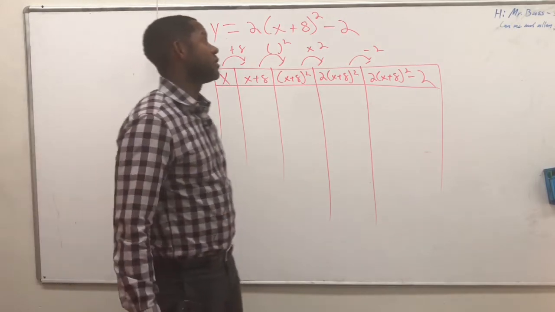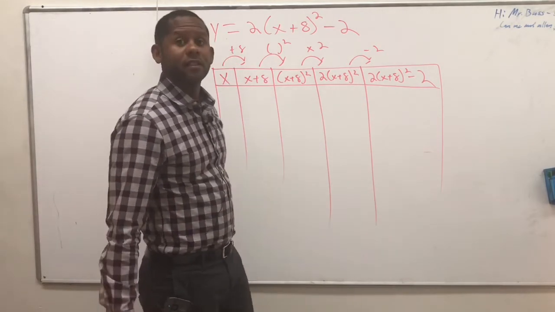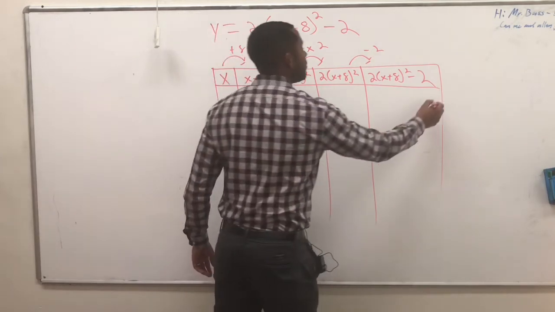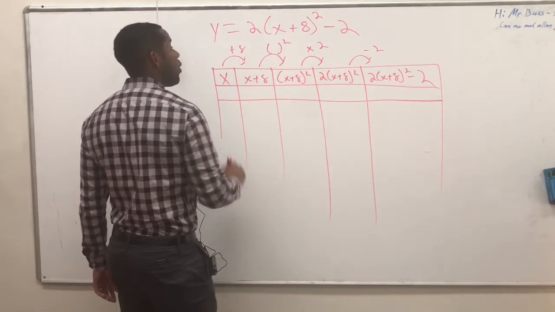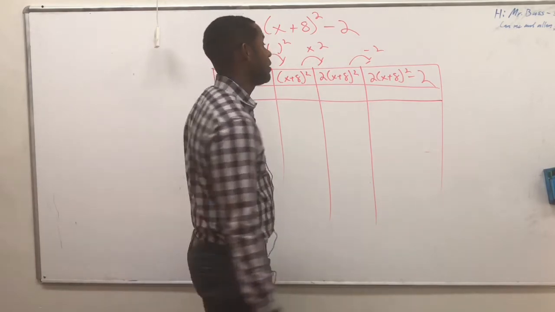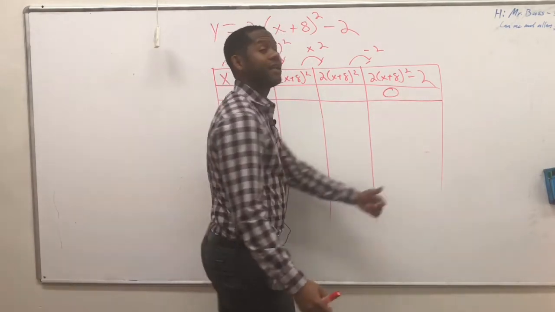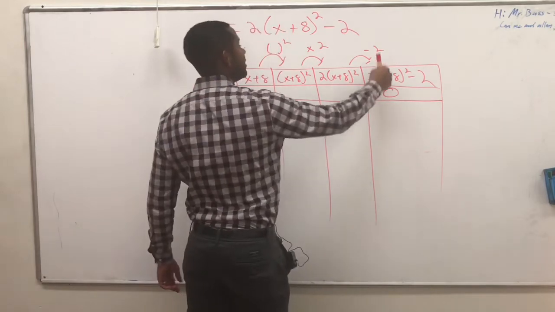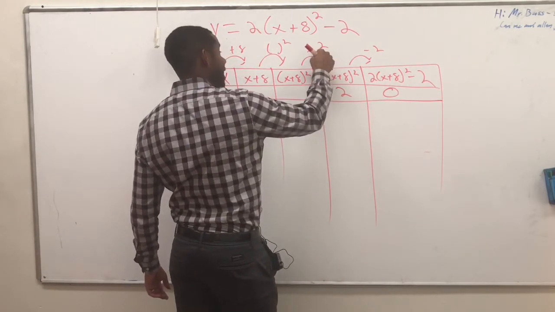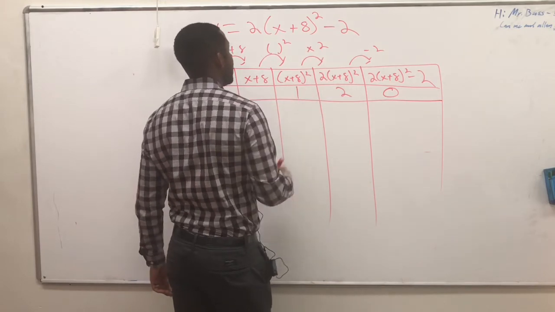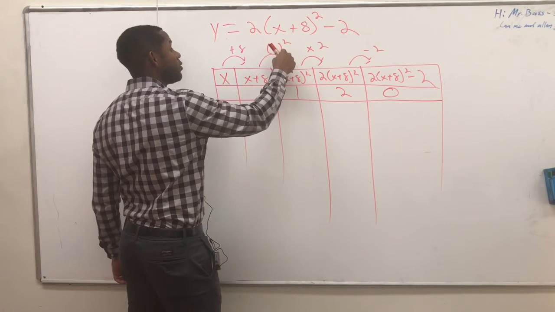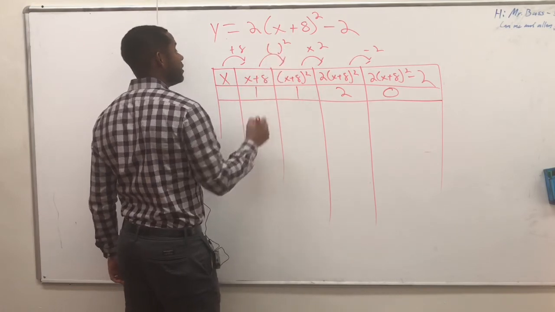All I'm going to show you is finding the y is 0, the x-intercepts right now. So if I want to find an x-intercept, I know that y needs to be 0 because the y value of every x-intercept is 0. So I'm going to start with 0. And I'm going to work backwards. I'm going to do the opposite. 0 plus 2 is 2. 2 divided by 2 is 1. The opposite of squaring is a square root. The square root of 1 is 1.